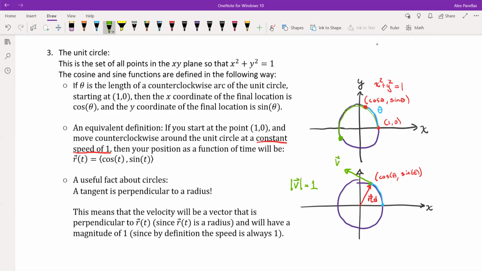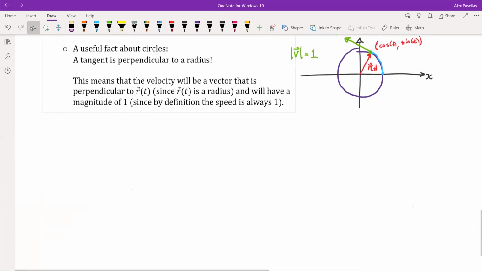By definition, if we're traveling around the unit circle at a constant speed of 1, our position as a function of time is cosine t comma sine t. We know that the speed is constant, and we also know that the velocity vector is perpendicular to this r of t. So then suddenly we're able to have a very, very quick proof here.